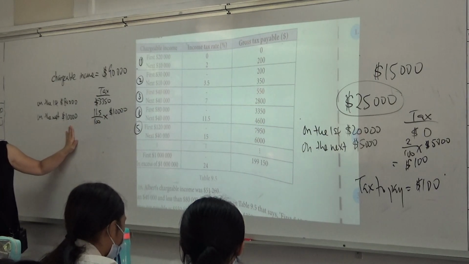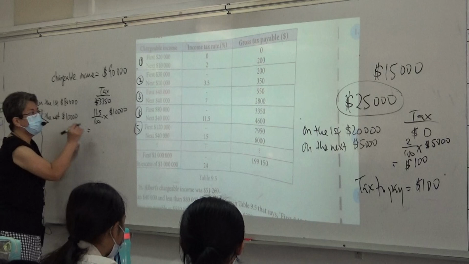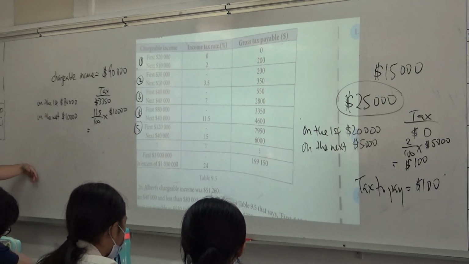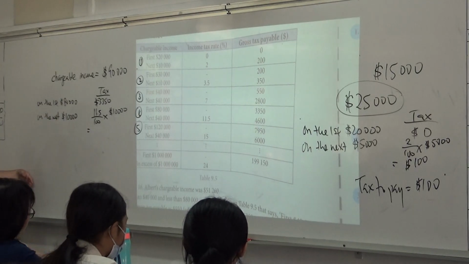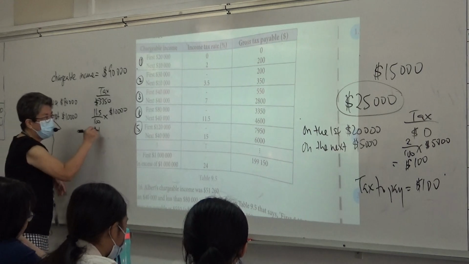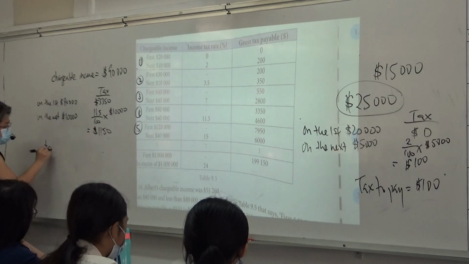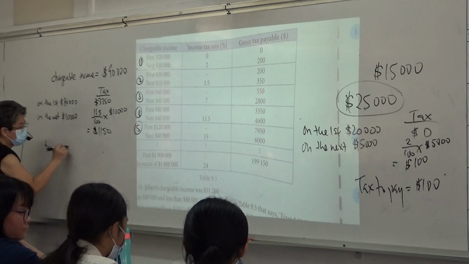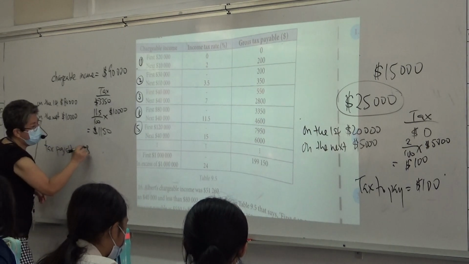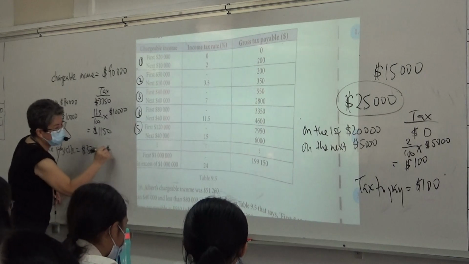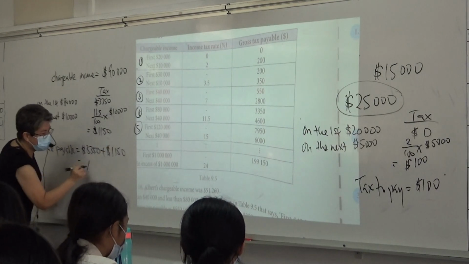Understand? How much is this? 1150. So tax payable will be 3350 plus 1150. You get the answer.